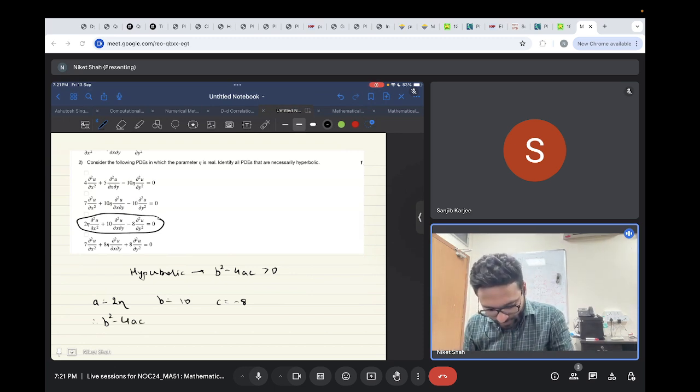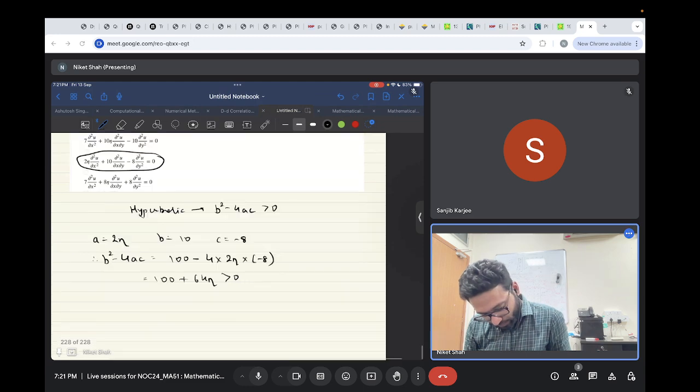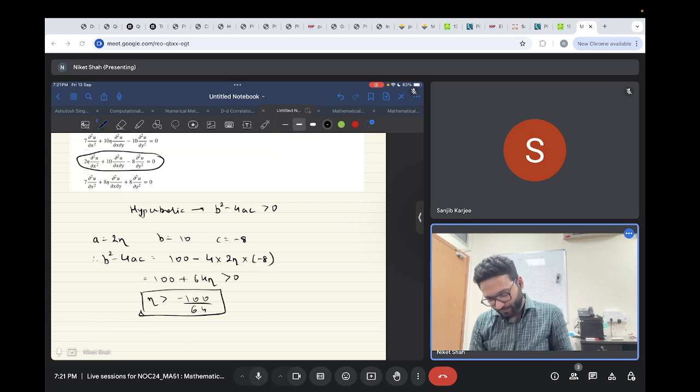So for that, I've written A, B, and C. And B square minus 4AC for the third equation comes out to be 100 minus 4 into 2 eta into minus 8 is equal to 100 plus 64 eta greater than 0. So eta has to be greater than minus 100 by 64, which is pretty much okay.